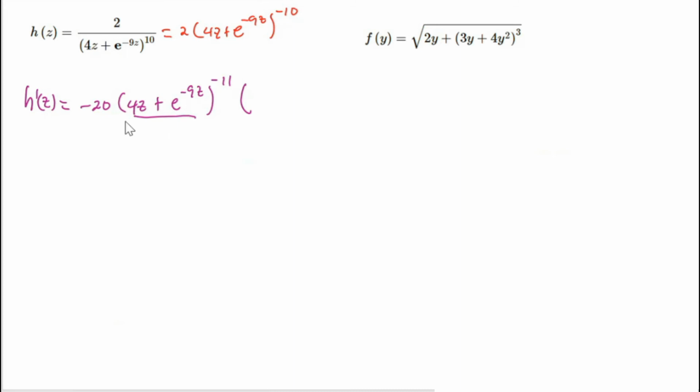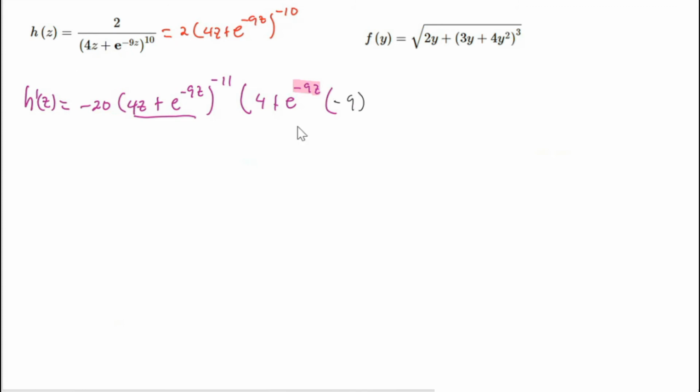So we have the derivative of 4z, which is 4, plus the second term, e^(-9z), times the derivative of the exponent, which is negative 9.